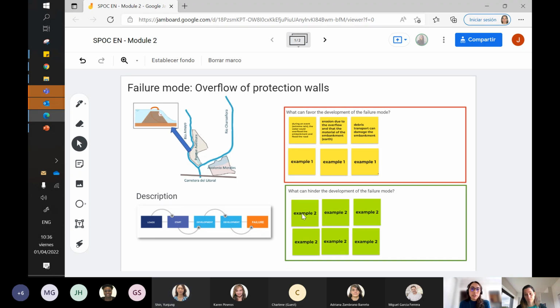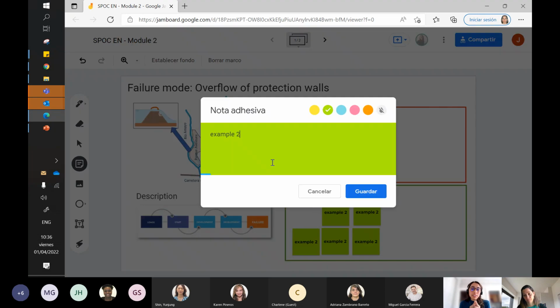This is a very good example, because if the early warning system is already in place, then this is a factor that can hinder this failure mode, because it's currently working and it's currently helping the system right now. But if we want to propose the implementation of an early warning system, that's more of a solution that we are not going to evaluate, right? I don't know if you see the difference.